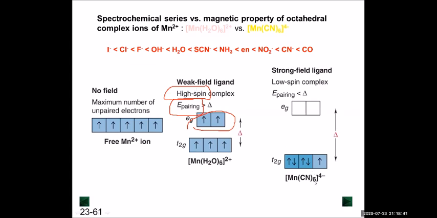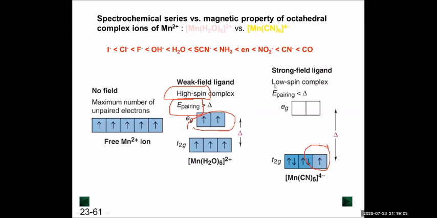The strong field cyanide causes bigger splitting, and the electrons would prefer to form pairs to avoid the penalty of overcoming the barrier between the two levels. In the end result, you have only 1 unpaired electron.